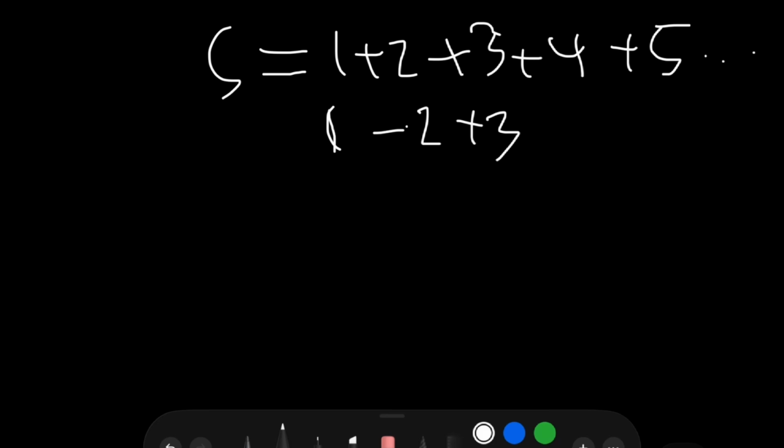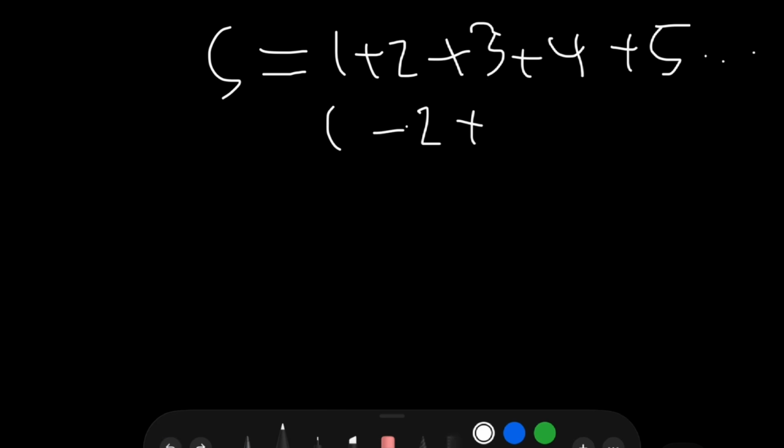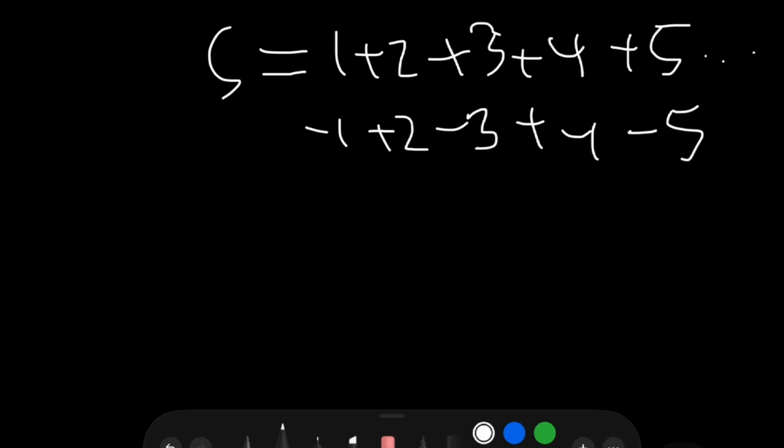So remember, we're subtracting this. So if we were to change it into adding, we need to find negative S2. So negative 1 plus 2 minus 3 plus 4 minus 5. Now you notice that the odd numbers are opposite, so they cancel each other out because this is addition.